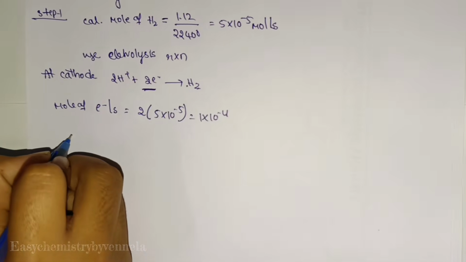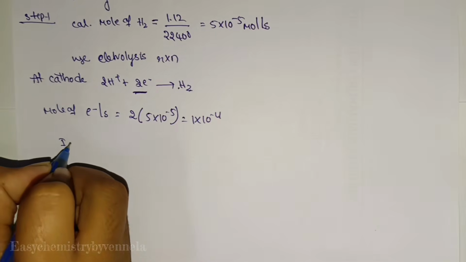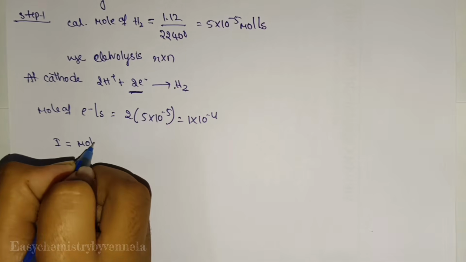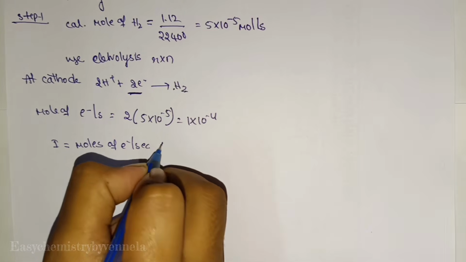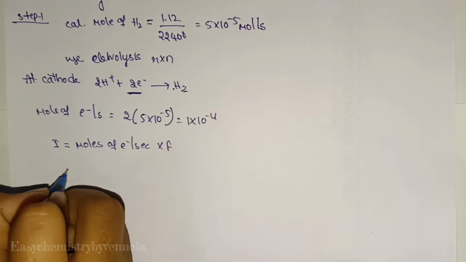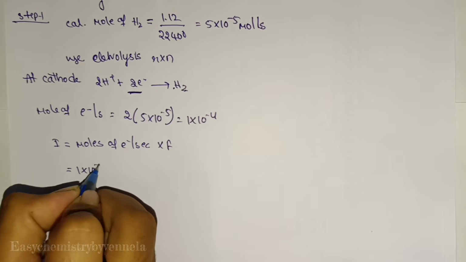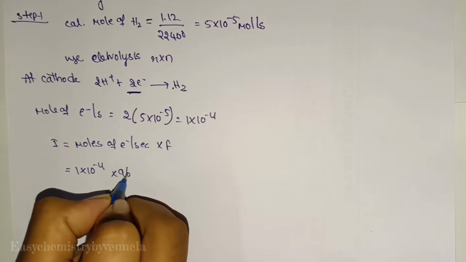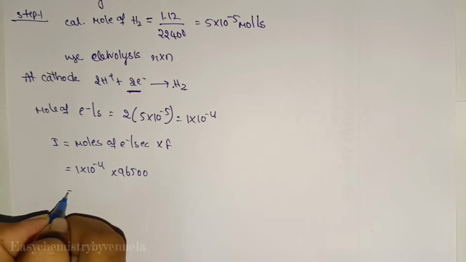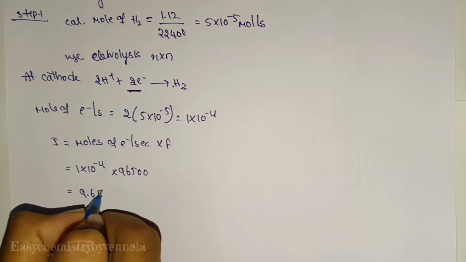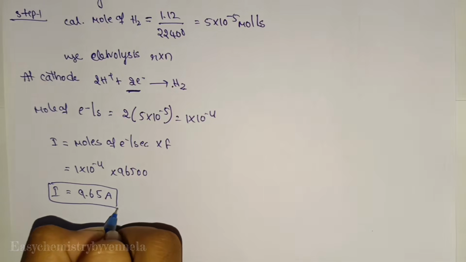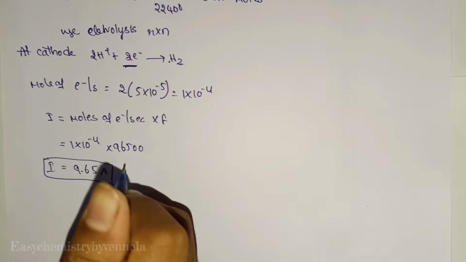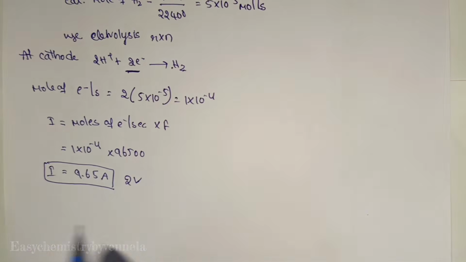Final step, calculate the current. Current I is equal to moles of electrons per second into Faraday constant, so 1 into 10 power minus 4 into 96,500, which is 9.65 amperes. So the second option is the correct one.